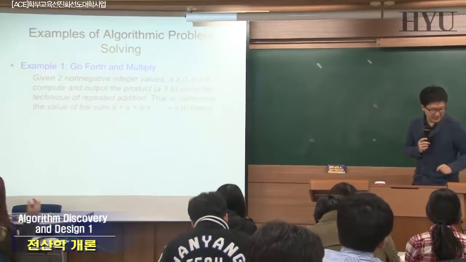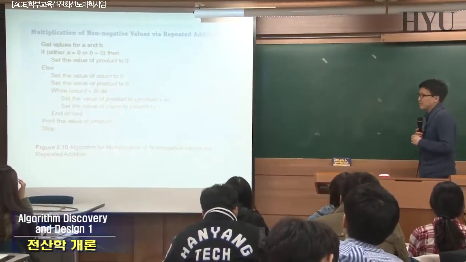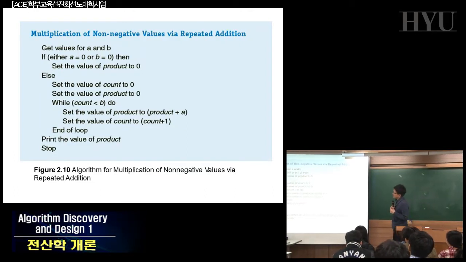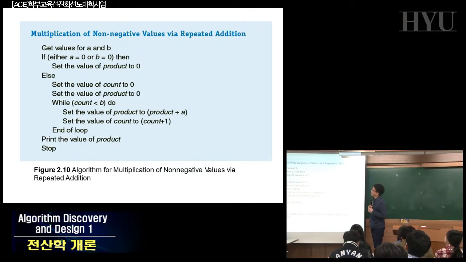So this is also the pseudocode representation that I drew on the board last class. Get values for A and B. This was the point that I didn't explain in my own algorithm, right? If it's 0, you don't need to do any of the looping, because if A is 0 or B is 0, then the result is always going to be 0.